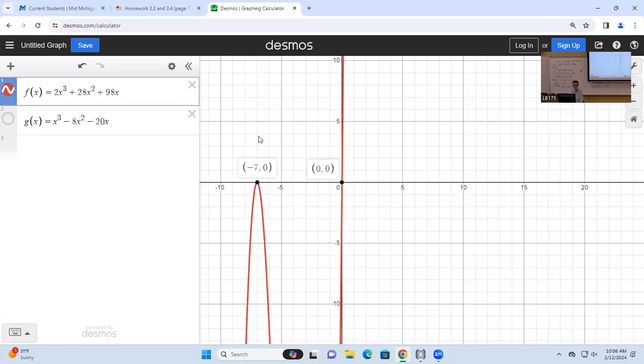Notice that the x-intercept at (-7, 0) is also a turning point. So that multiplicity 2 made it so that it's a turning point.